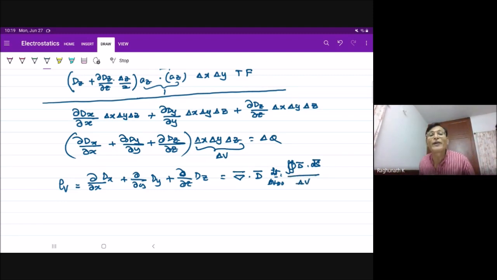Why are we finding the divergence here? We are finding the volume charge density at any point. I know that Q is equal to the integral of rho v dV. What is that rho v now? Rho v is the divergence. Given D bar, we can find rho v. Once I find rho v, I just have to integrate one volume integral and I will get the value of it.